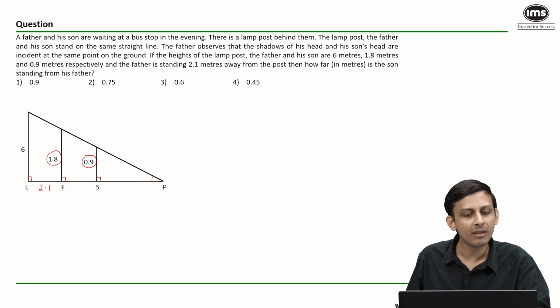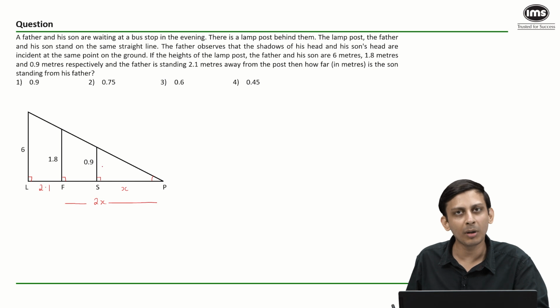So for the middle one, 1.8 is double of 0.9. So a corresponding side of the middle one will be double of the corresponding side of the smallest one. So for example, if I take this length SP to be x, then this length FP will become 2x.